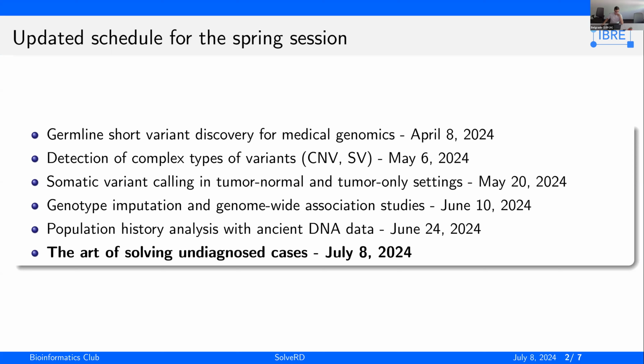But I think we have not skipped, but probably have not covered in as much detail as we could, the issue of interpreting the results and finding the actual genetic variant which is responsible for the disease in a particular patient. We've talked about it a little bit for both short variants and more complex types of variants, but we've not considered all of the specifics, which would be impossible in any given seminar, because that's likely something for a multi-day course.